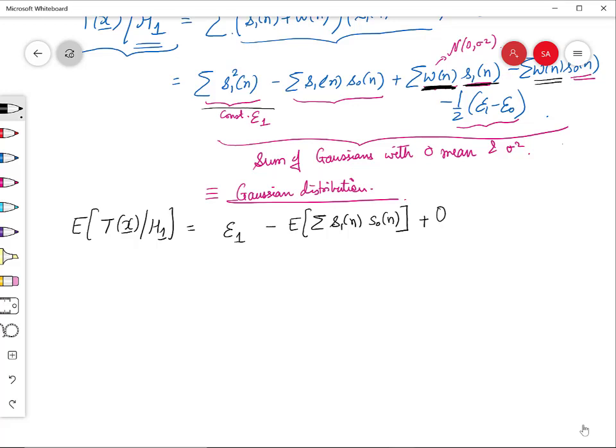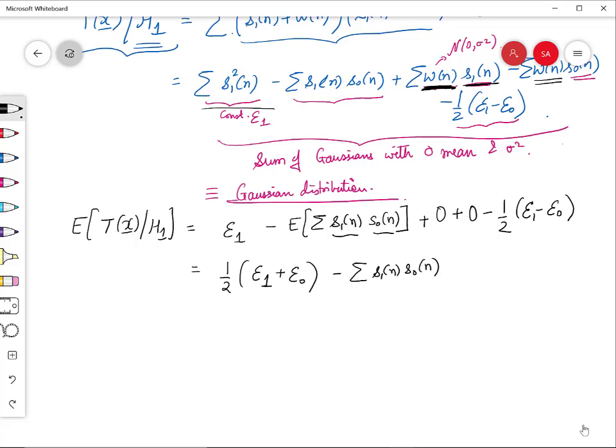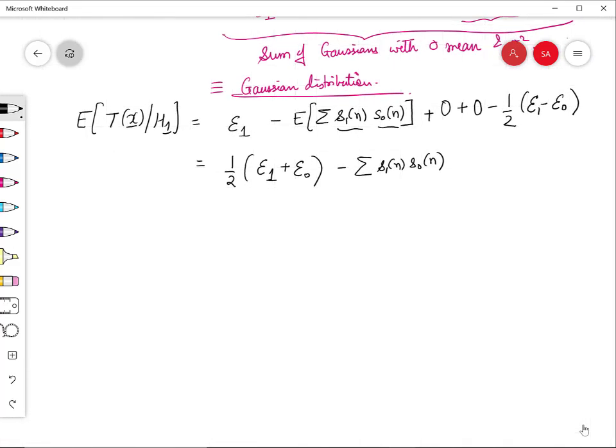The same thing is also here, so the expectation is going to be 0 minus half of E1 minus E0. So if we do the maths here, this will be half of E1 plus E0 minus, now see S1n and S0n are constant, so expectation does not matter much, so this becomes summation S1 and S0 of n. So this is the expectation of this particular quantity here.